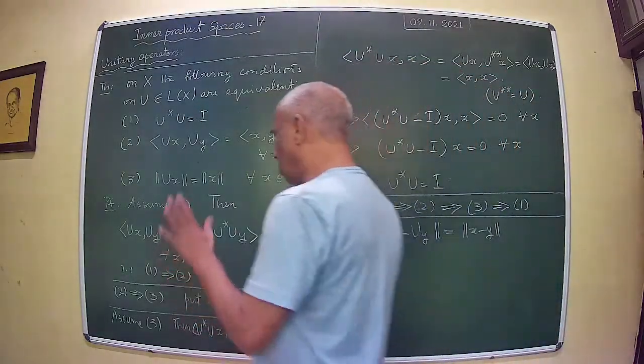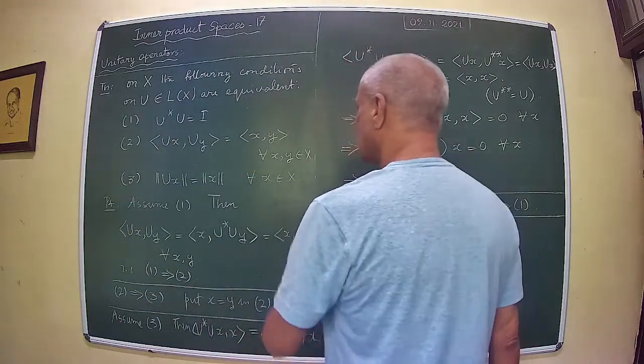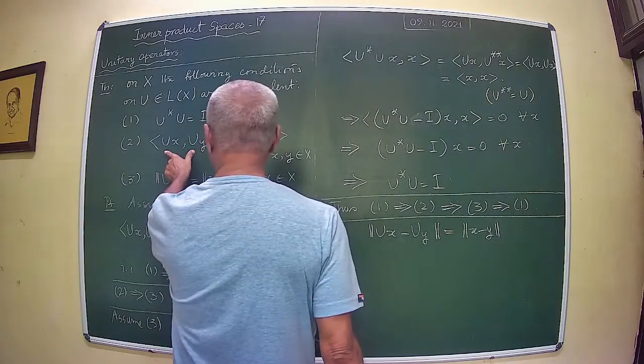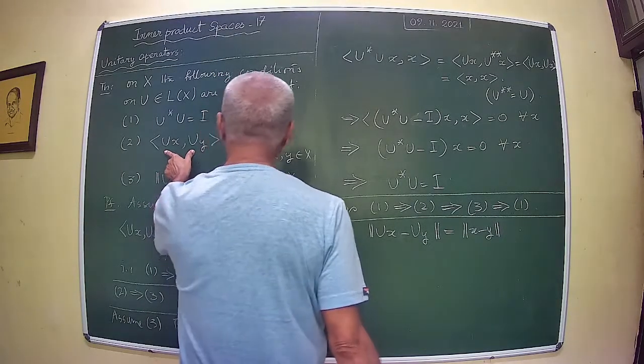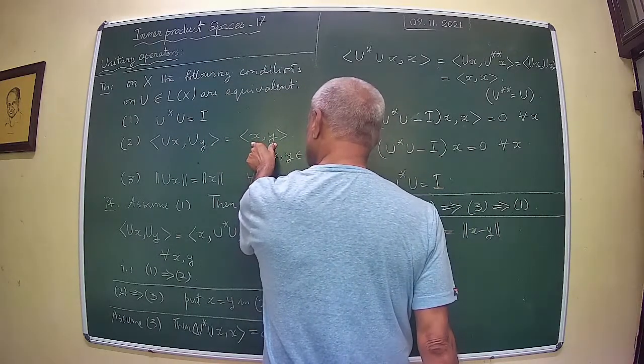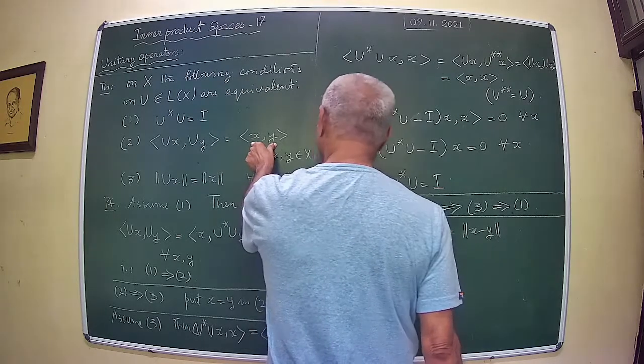That comes from here. What does all this mean? This is a measure of the angle between Ux and Uy, and that is the same as the angle between x and y. This is one result that we observed earlier in the case of complex numbers.